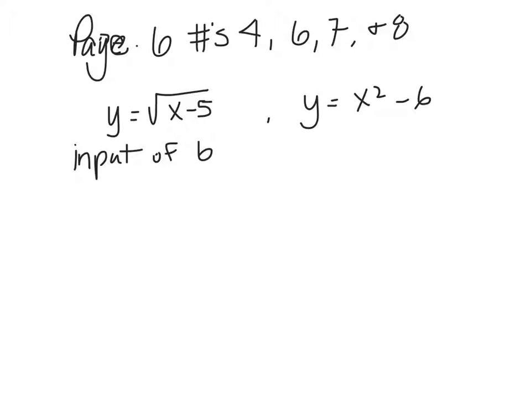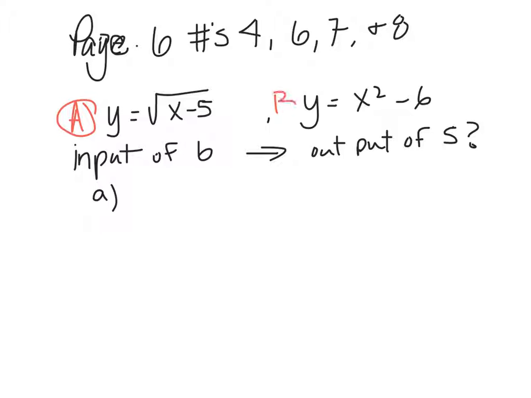For A, it asks, what order must we put these machines in to get a final output of 5? Well, speaking of letters, let's call this A, and we'll call this B. So, let's start with the order that they've given us, which is the square root of x minus 5.